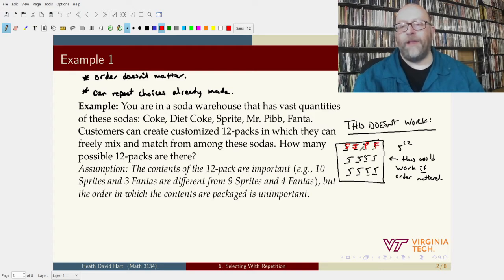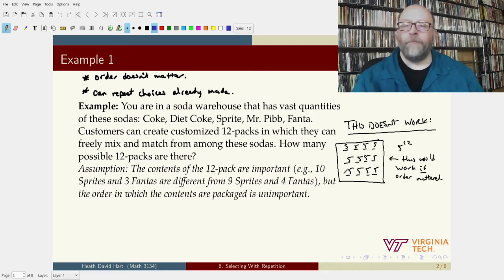But if I made the same choices in a different order, Mr. Pibb first, and then 2 Fantas, and then a Sprite, then I'm creating the same arrangement, just in different orders, and all those different orders are being counted in the 5 to the 12th. And so that strategy turns out to overcount. It counts all the different possible arrangements.